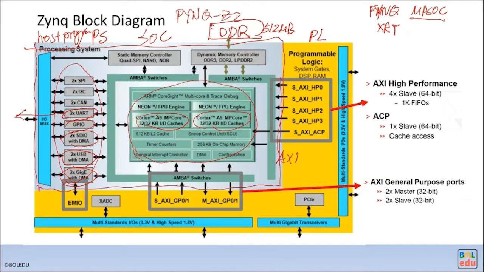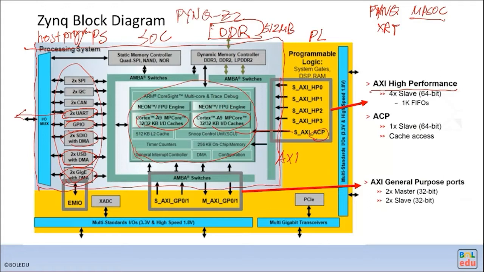Okay, there are two types of AXI. One is high performance. For the high performance, it has the HP ports and the ACP port. Okay, the ACP port is the one that does the cache snooping.